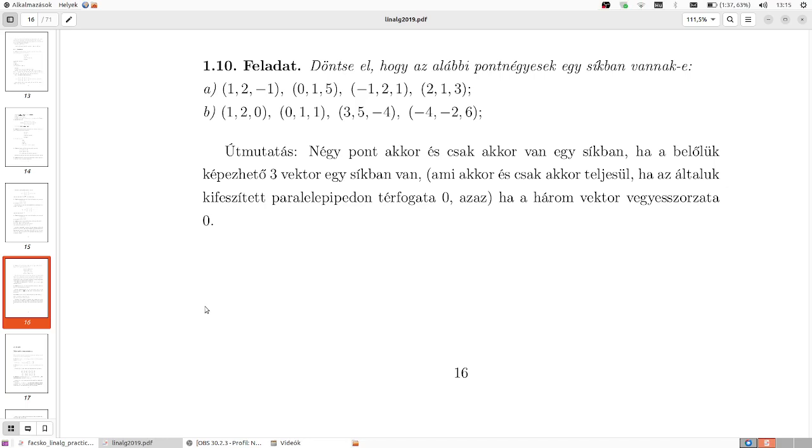Which one? The last. It's 6. Oh, I wrote 0, but I wanted to write 6.